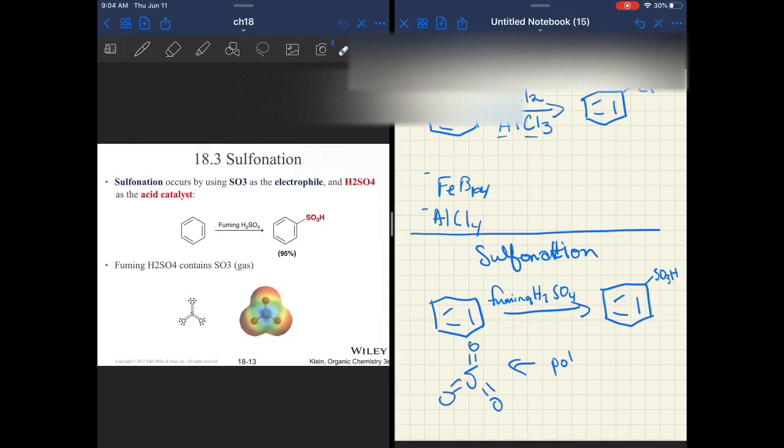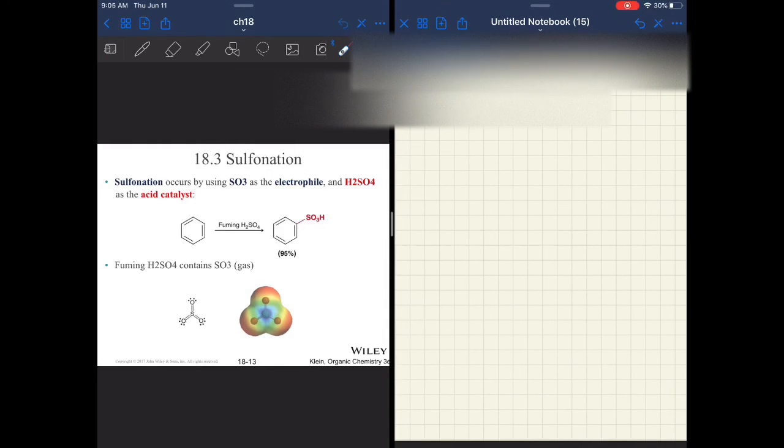This is the potent electrophile, right? So instead of H2SO4, that's not a very good electrophile for this. The SO3 gas that is being released from a very concentrated H2SO4 solution is a potent electrophile, and that is what is going to be attacked. So if we're looking at the mechanism, step 1 for you guys is just knowing that this is the electrophile. This is what you need to know.